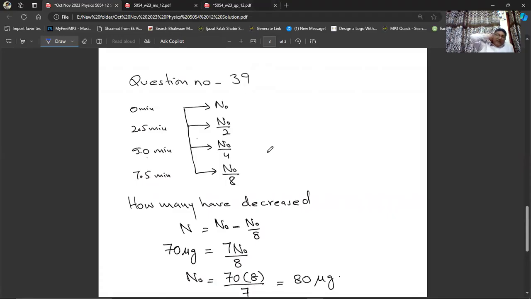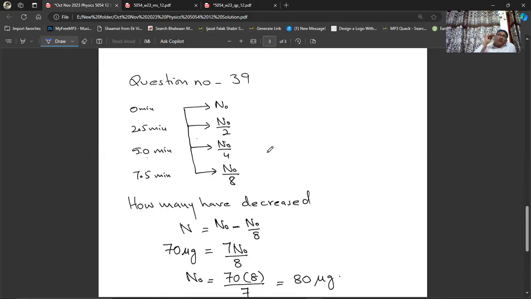Whenever we solve these questions of the half-life, the value we get from this grid is the amount of the sample which has not yet decayed. And the amount he gave you, 70 micrograms, is the amount which has decreased.